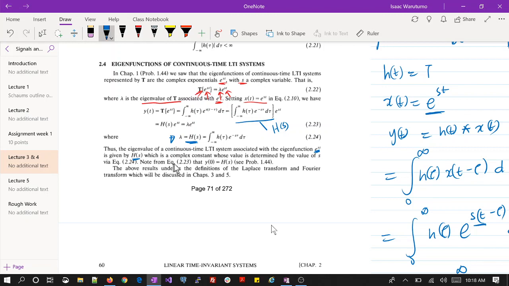And we note from equation 2.23 that y at time 0 will be equal to the eigenvalue H(s), and this problem can be seen at problem 1.44. The above results derive the definition of the Laplace transform and the Fourier transform that we will be discussing at a later stage.